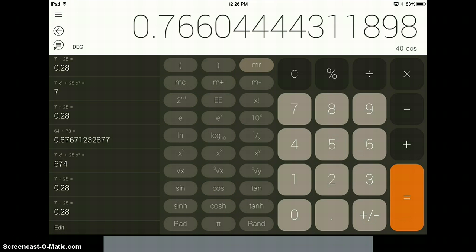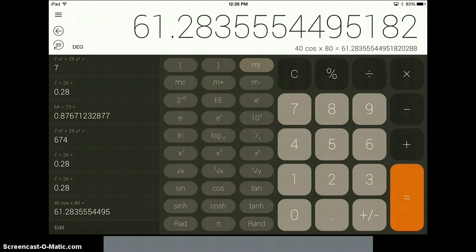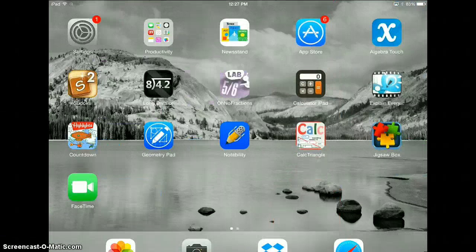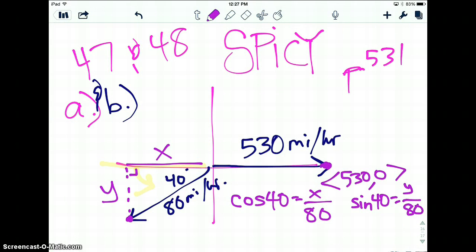So there's cosine of 40, and I need to take that and multiply it by 80. And there is my x coordinate. Keeping in mind that I went to the left, I'm going to make that a negative 61.3.